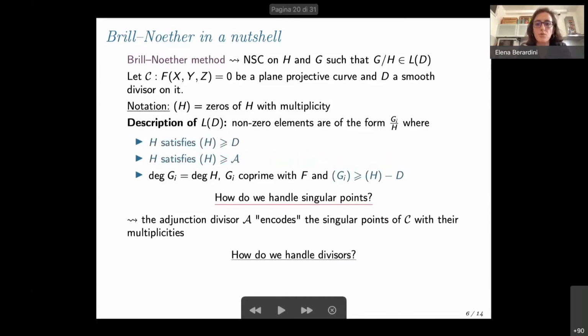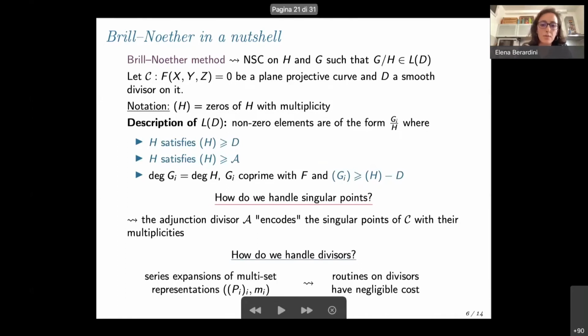And so we also need to handle divisors, and we do this by representing them as multisets. And this allows us to have routines on divisors, like summing them, with a cost which is negligible.